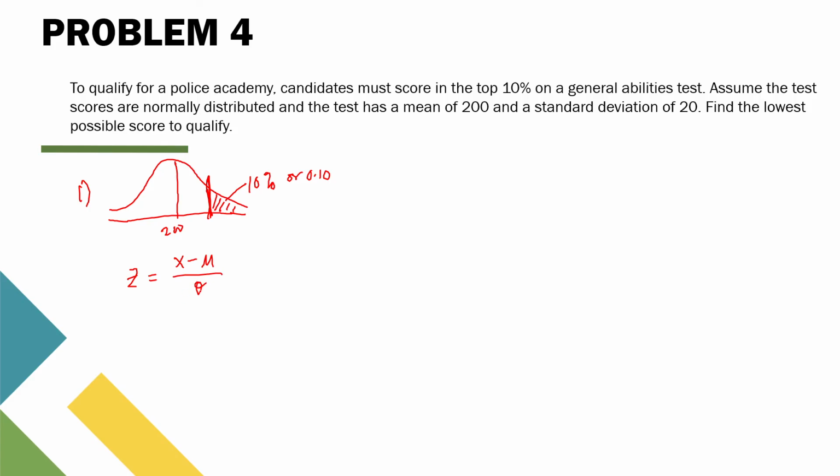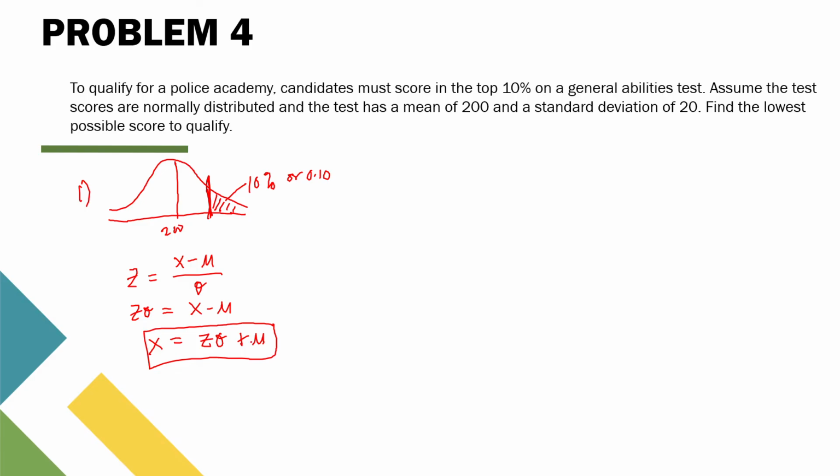By using algebra, z times standard deviation is equal to x minus mu. So to solve for x, x is equal to z times standard deviation plus mu. So this is how to find the value for our x.